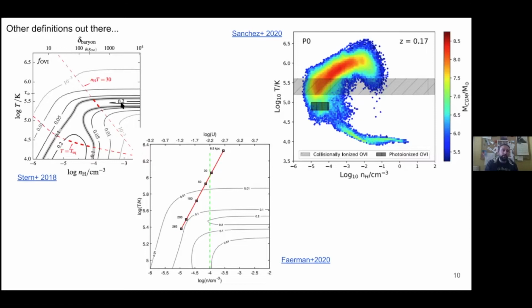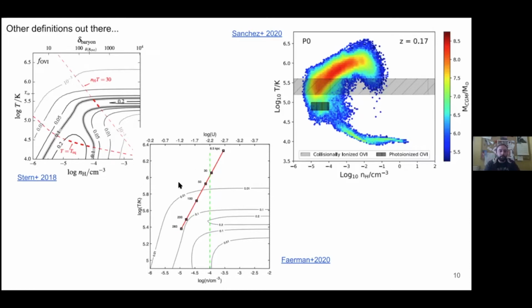Is this scenario, the high pressure scenario, more likely to give you the oxygen 6 that you see, or is this low pressure scenario? And if the low pressure scenario is better, according to various other metrics besides oxygen 6, then you can say oxygen 6 is mostly photoionized. And if the high pressure scenario is better, then you can say it's mostly collisional.